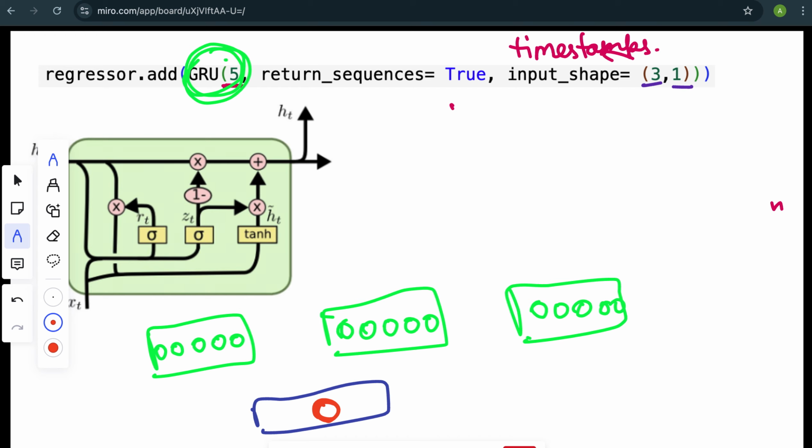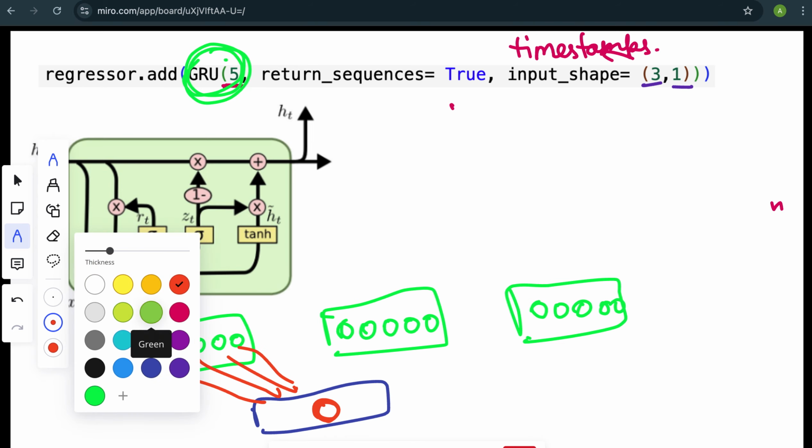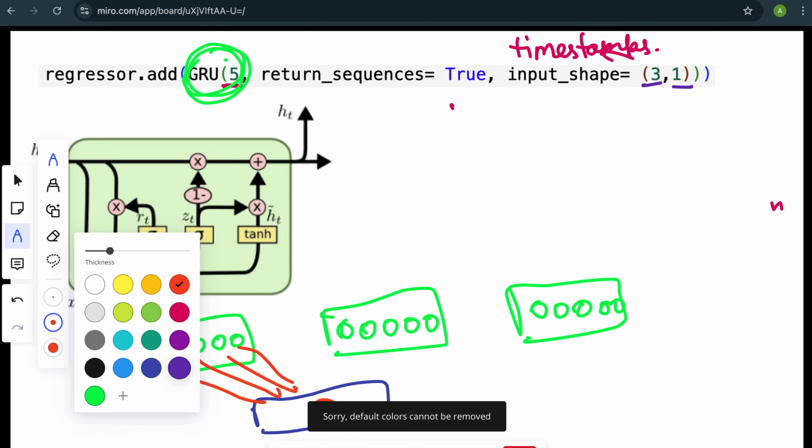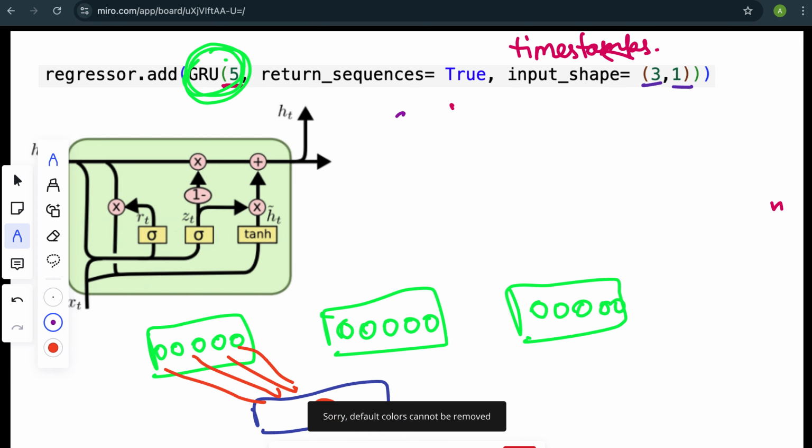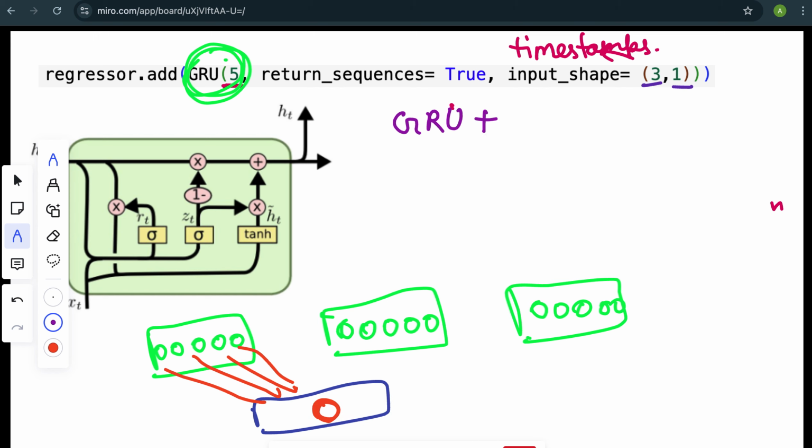Now first of all, let's make the connection of input to the GRU box. For that we will have to draw 5 lines. So for the GRU to input connection, we will have 5 weights.